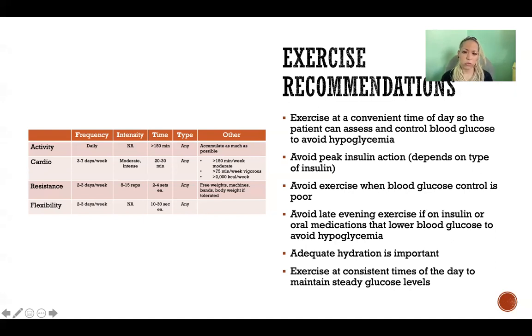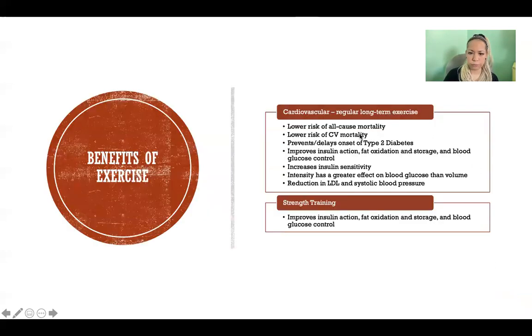And it's helpful to find a consistent time of day that the person has the greatest amount of control over their blood sugar, and then exercise during that time each day. So the body can grow accustomed to exercise at that time, and it can be part of their normal hormonal rhythm day to day.